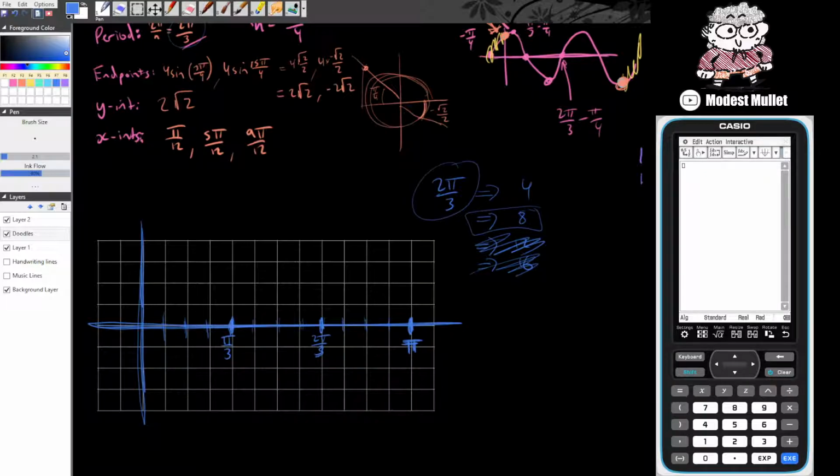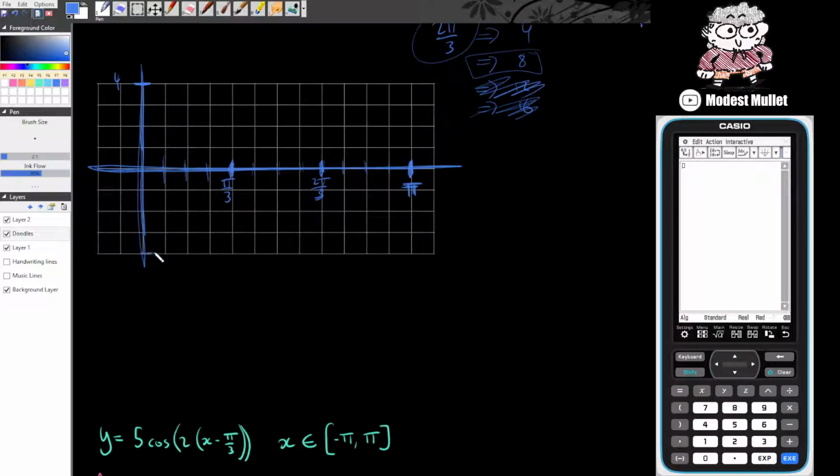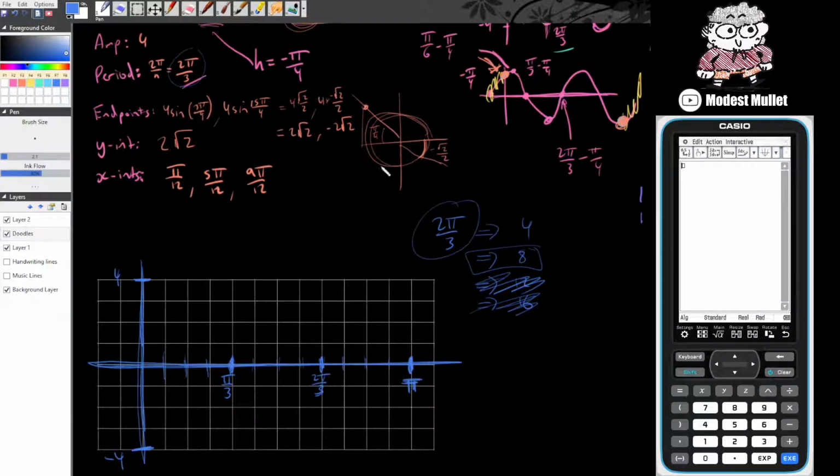And now we're just going to plot all our dots. We know we're going to go up to a max amplitude of 4 and a min amplitude of -4. Right, let's do our y-intercept. Well, 2 root 2, root 2 is like 1 point something, times 2.